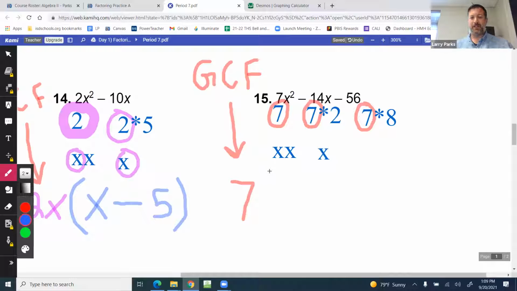So what do I have left over? I have already circled that, x and x, that makes x squared. Bring down my operator of minus. I did not circle 2 or an x. And I did not circle 8 with an operator of minus.